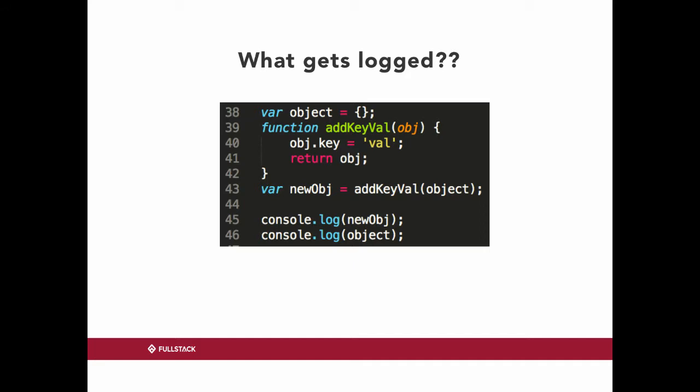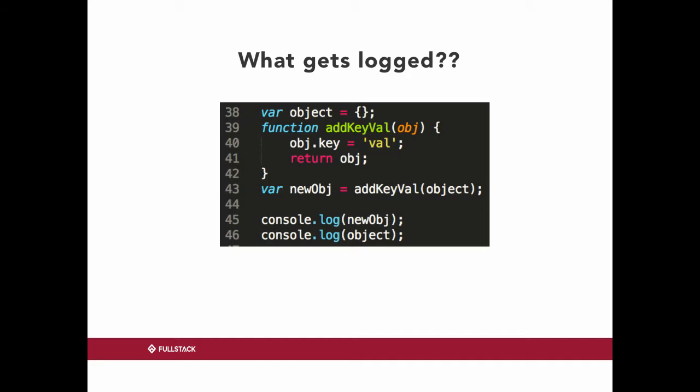Okay, so this is objects. We just did a lot of fun things with objects. We have one variable, object, set equal to an empty object. We have this function, add key value, that adds the string key with the value val to the object and returns it. And then we have a new object that's set equal to the return value of add key val with object passed in.